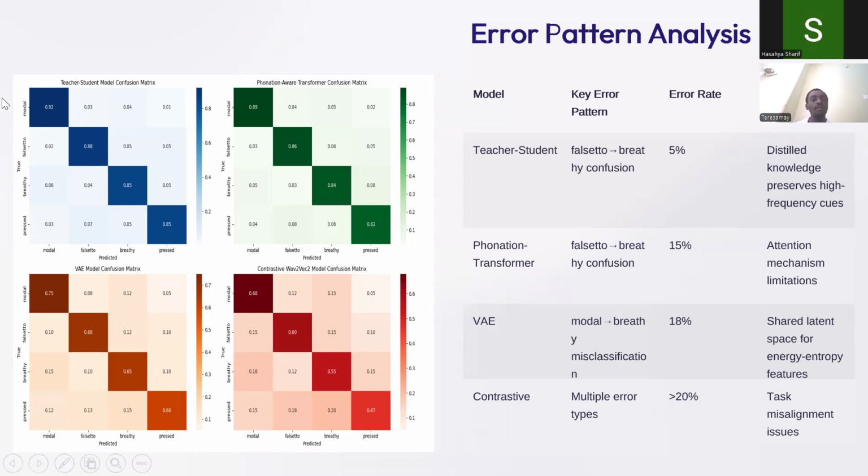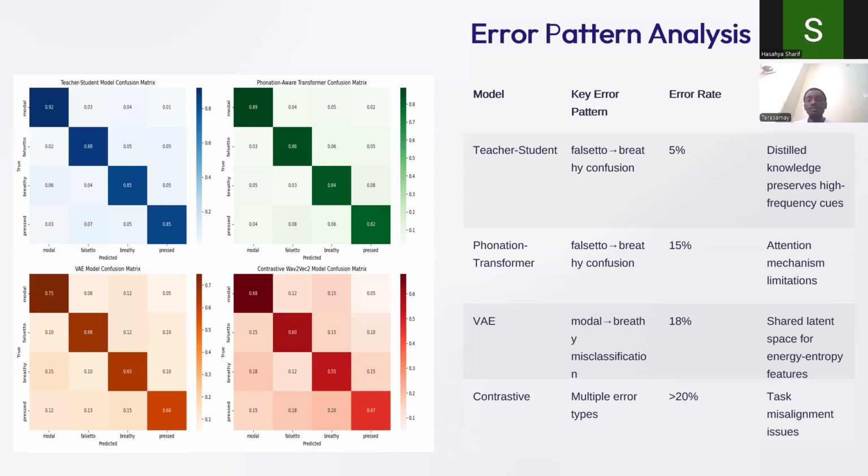So the key error in our teacher-student model, as you can see from our illustrations in the top left, is the falsetto and breathy confusion, whereby the error rate was 5%, and the root cause is the distilled knowledge, which preserves the high-frequency cues. Then in our phonation model, the falsetto and breathy confusion was 15% due to attention mechanism limitations.